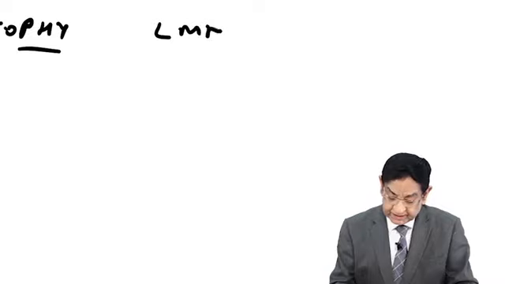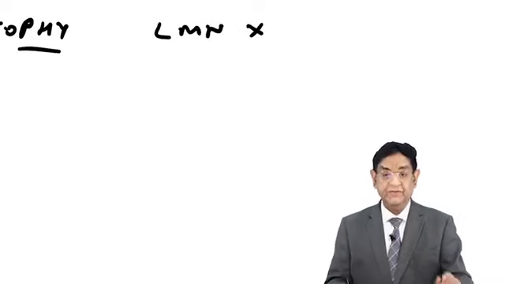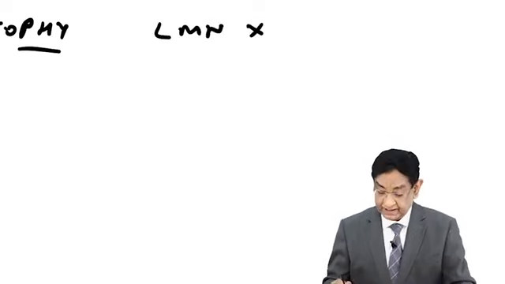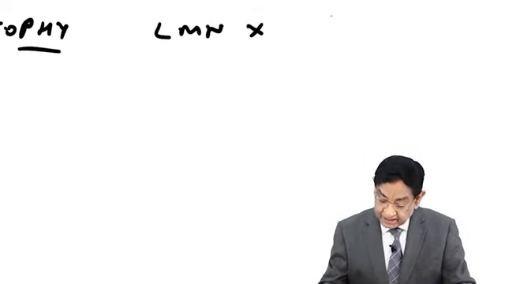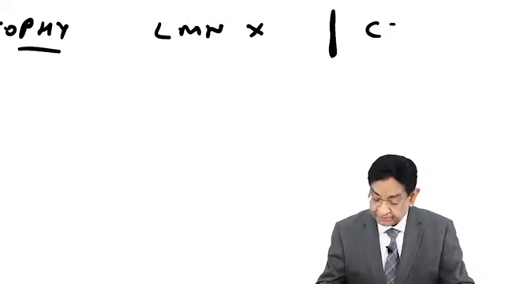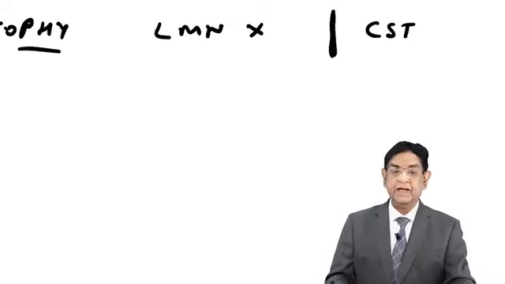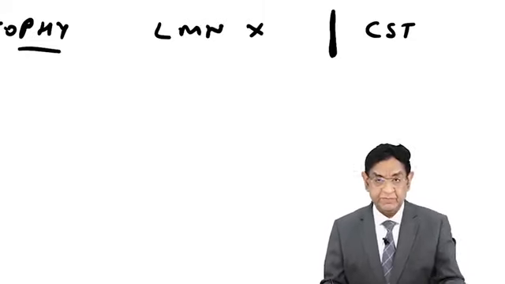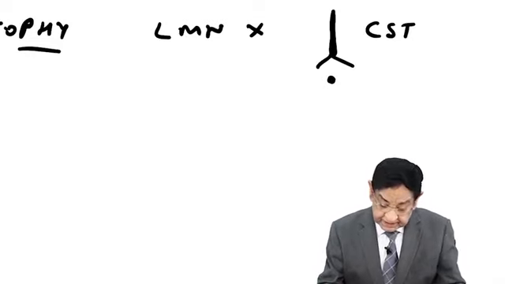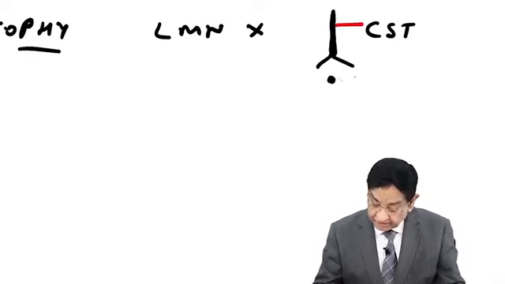Friends, lower motor neuron palsy is not a feature. Very important negative point. Why? These are the upper motor neuron fibers coming, the corticospinal tract coming from the brain. Ultimately, they come to the spinal cord and they relay in the anterior horn cell.